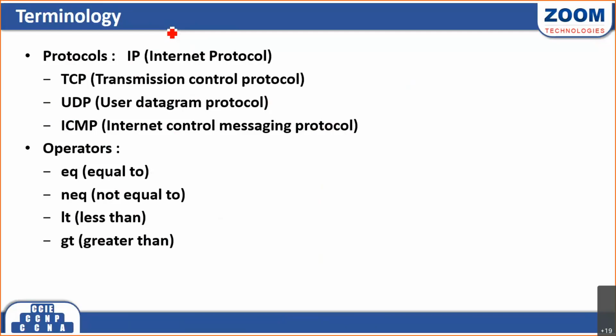Can you explain one scenario of less than or greater than? Less than means before, below port number 80, all services are denied. Greater than is for the range of port numbers above.